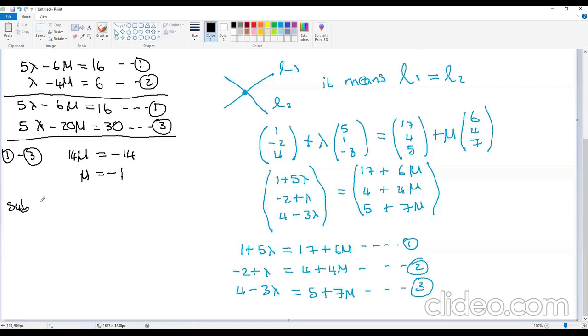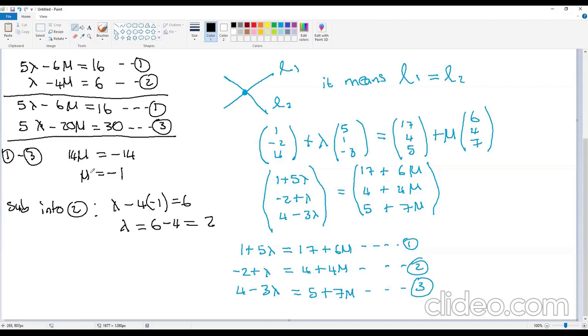Sub into 2. That means lambda minus 4 times minus 1 is equal to 6. That means our lambda is equal to 6 minus 4, which is 2, right?